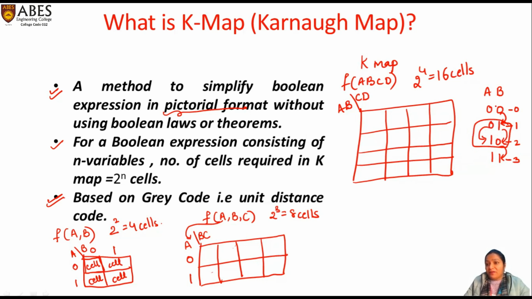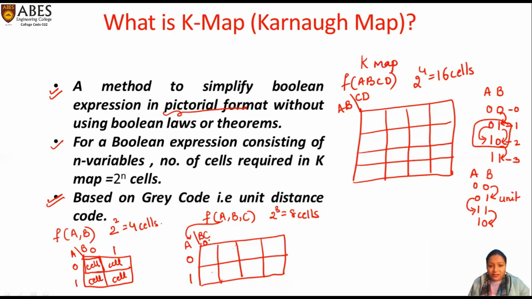So how can we convert this coding into the gray code? We can write it like this: 0 0, 0 1, 1 1 and 1 0. Now you can see 1 bit flipping here, 1 bit flipping here and 1 bit flipping here. This is called unit distance code or the gray code. This gray code we use in the K-map representation.